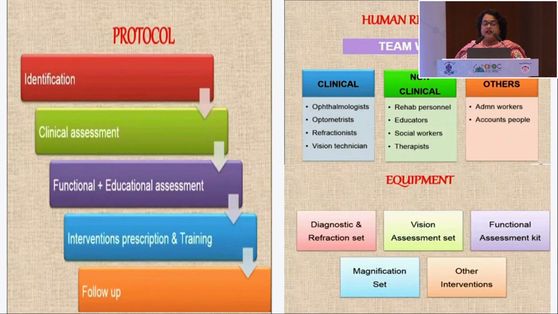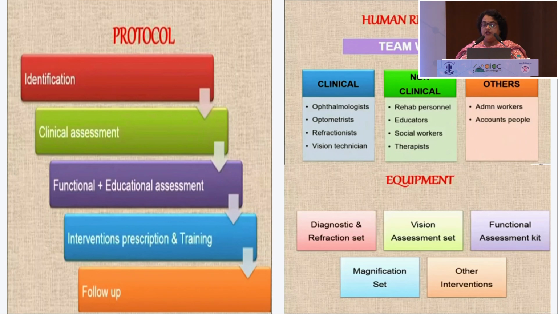Now, after identification of the patient, we go about this following protocol. We do a clinical assessment, then functional and educational needs of the patient, interventions tailor-made and according to the needs of the patient, training for that, and follow-up.